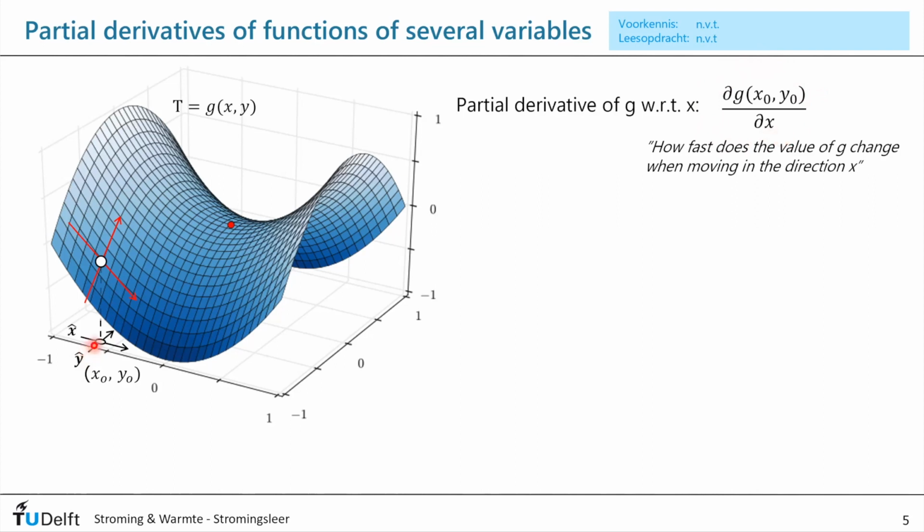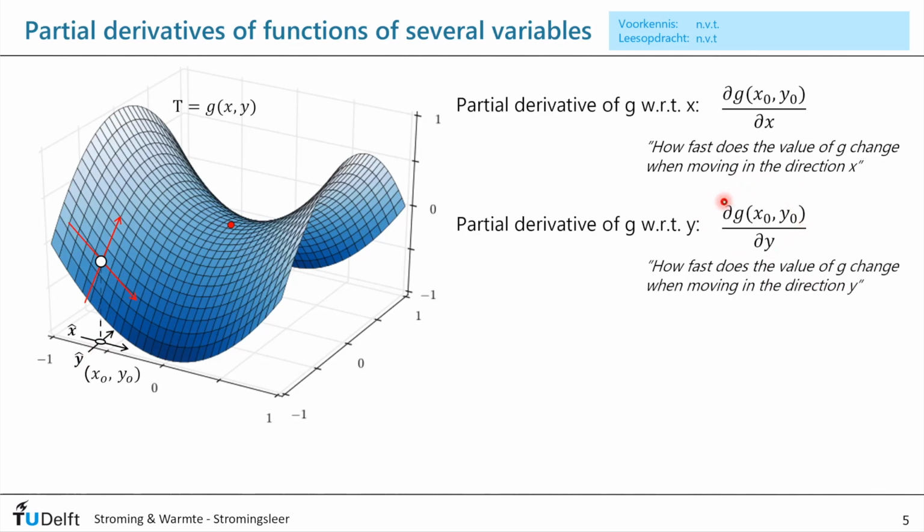We also need to know how the function g varies if now we're moving along the y direction and x remains constant. And that is precisely what is represented by the partial derivative of g with respect to y. Here, x remains constant, and this number tells us how fast the value of g changes when we're moving only in the y direction.